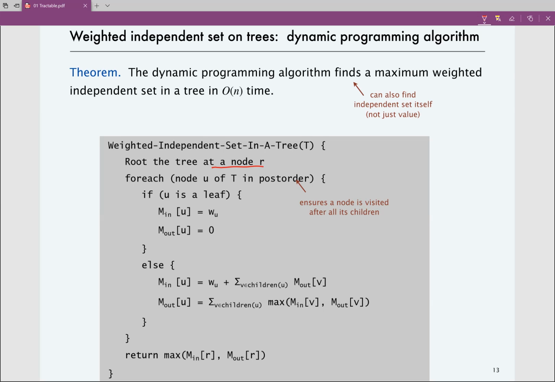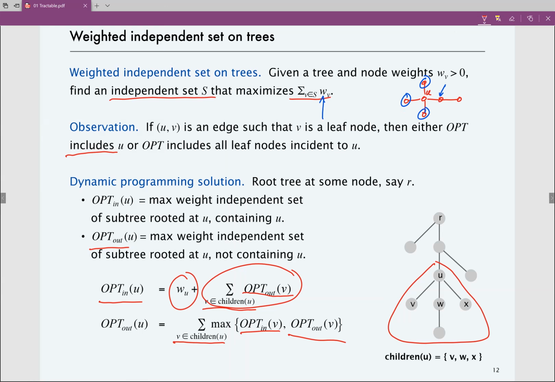The reason we're going to process things in post order is because, if you look at this DP relationship over here, we are saying something about the root of a large subtree. Let's say we're talking about U over here.